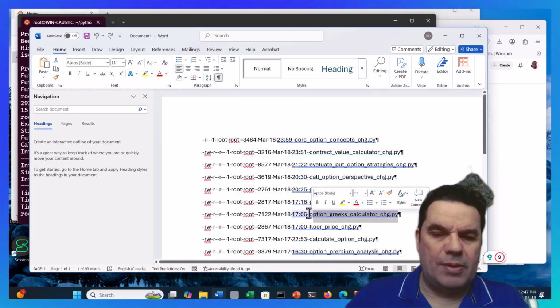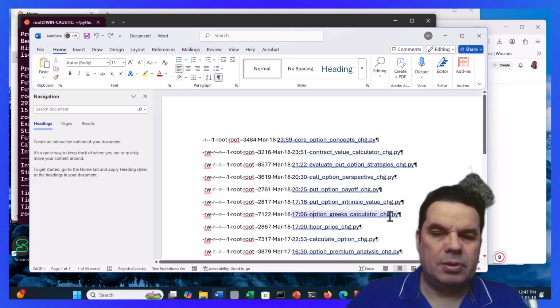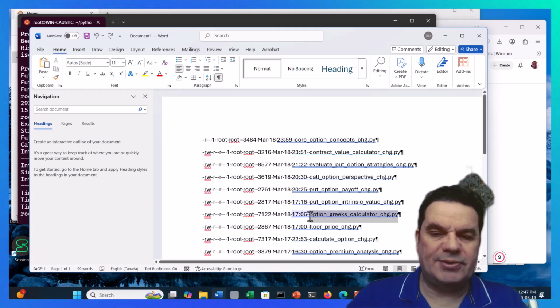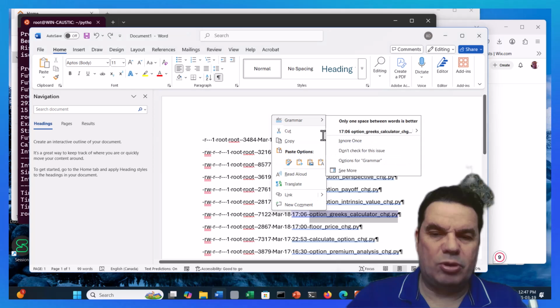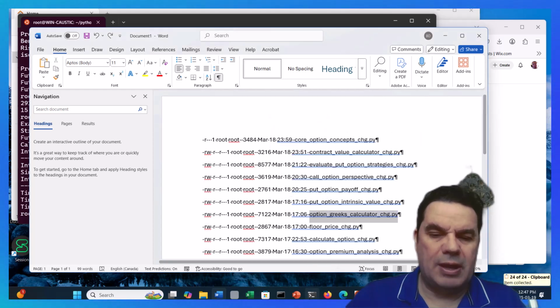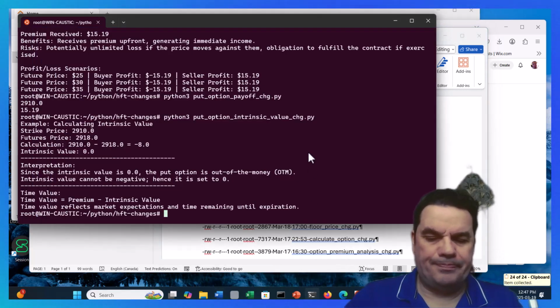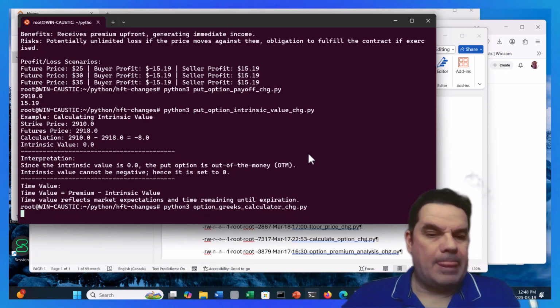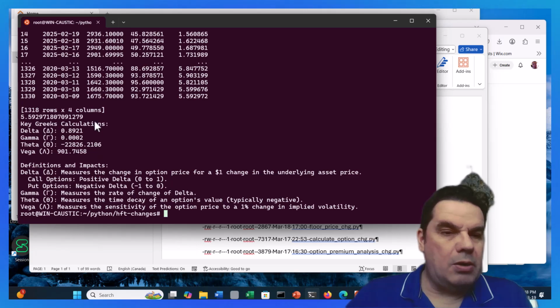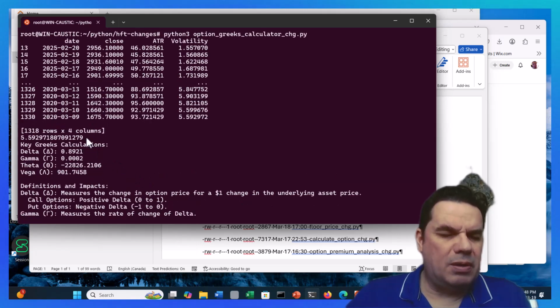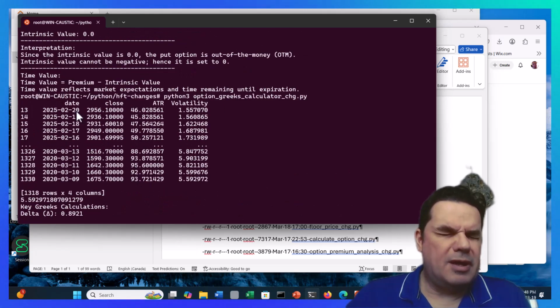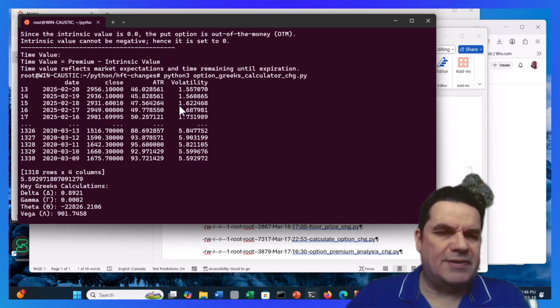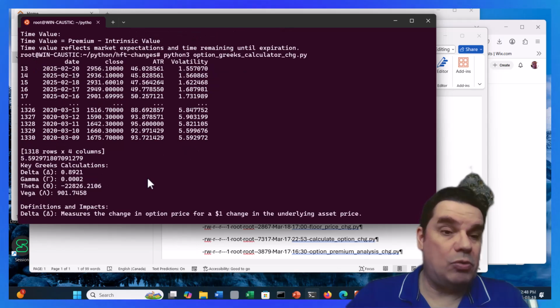So here's the important one that a lot of people use: option Greeks. Let's take a look at what it has. Here we have a typical future contract, we can measure volatility, have a true range if we want.